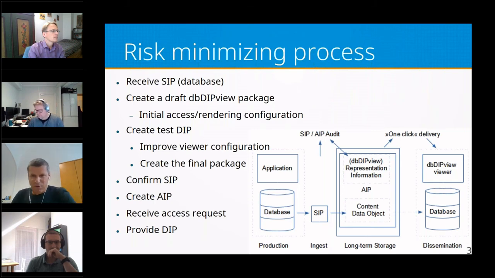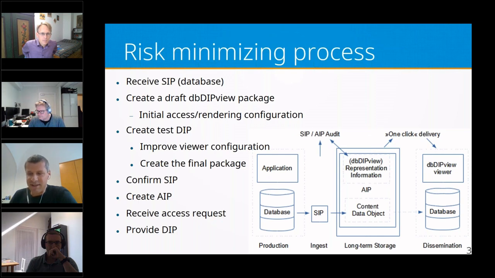How will the process run? Here we see the SIP is received by the archives. And now we want to cover 3 risks. I will come back to them later. The SIP will be immediately transformed to the DIP. This will be a test DIP. An empty DBPTK configuration will be used.